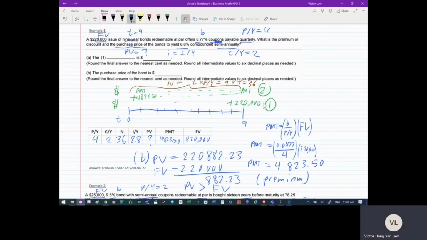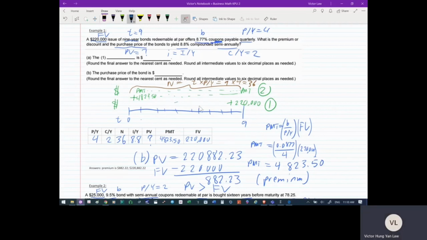And in addition to that, they will promise to pay you coupon payments, or you can think of it as interest payments, that you're receiving every quarter. That's your face value. And during this period, they will promise to pay you quarterly coupon payments as interest. And those are the 2 cash flows that you're getting when you buy the bond today. So that's what you need to understand from a timeline perspective.